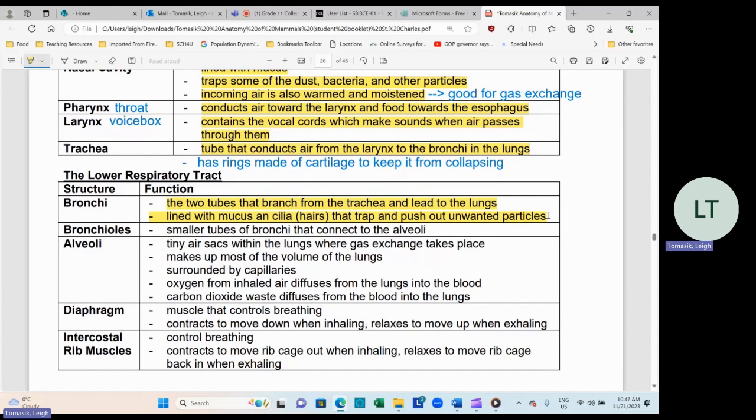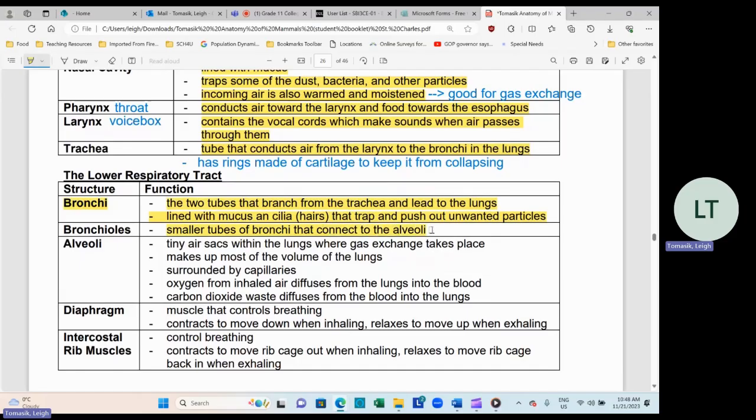Smokers who have been smoking for a long time, those cilia, because they have to work extra hard, they can break off, or they can become too overwhelmed with the mucus and the tar. And so the mucus and the cilia don't do their job as well, or sometimes smokers have a specific cough, especially in the morning, and that is your bronchi just trying to push out all of the stuff from your cigarettes. Okay.